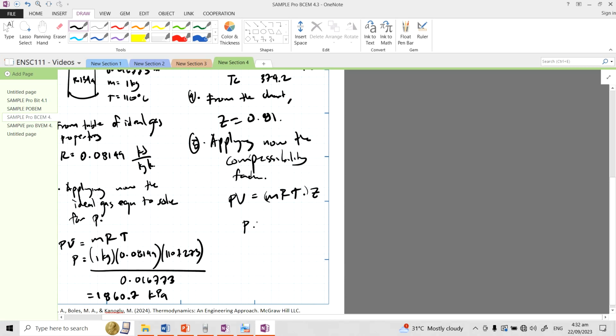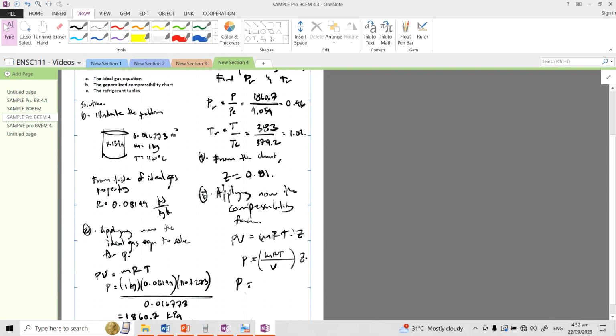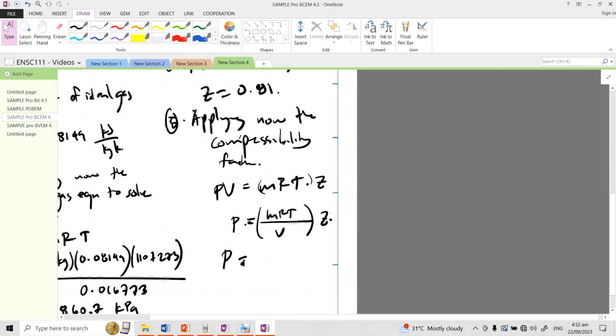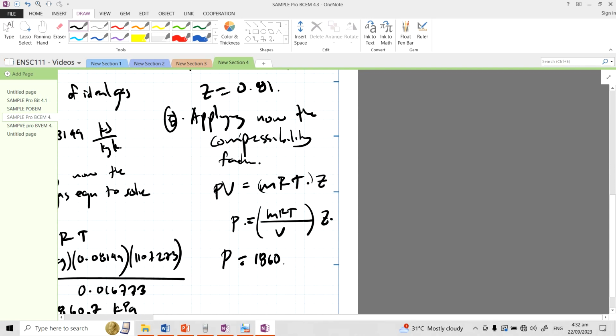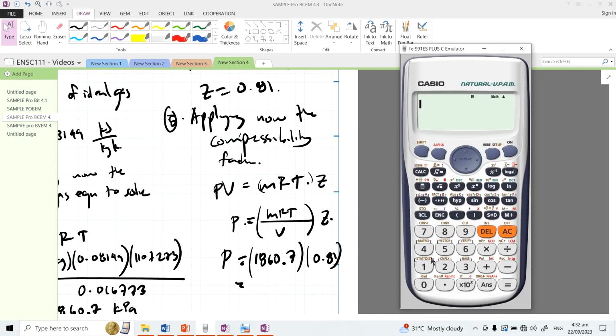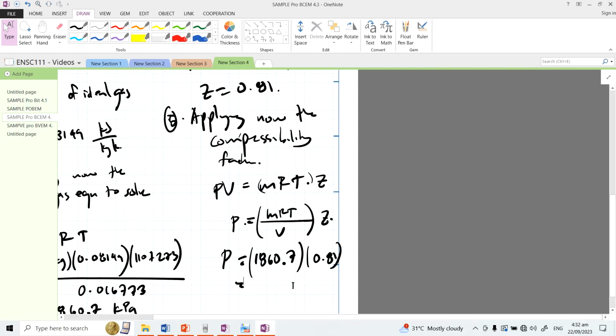It's just the same values here. So therefore the pressure would be 1860.7 kPa times 0.81. This is 1507 kPa.